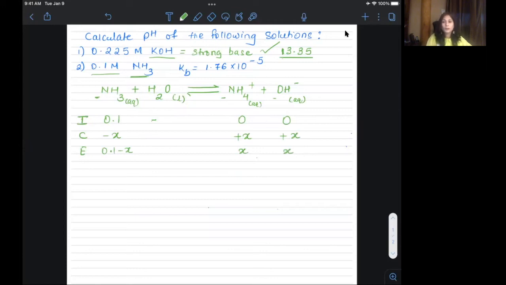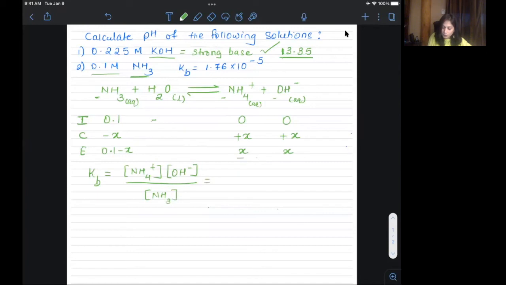Now let's look into how to calculate the hydroxyl ion concentrations. For that, we will be using the formula Kb. And remember, here we are looking into the Kb because we are looking into a base. And this value, the dissociation constant at equilibrium for the base, is equal to NH4 plus ion concentration at equilibrium multiplied by the hydroxyl ion concentration at equilibrium, and this value at equilibrium as well.